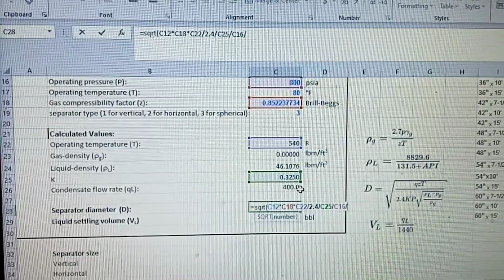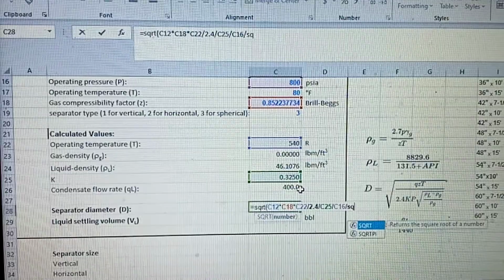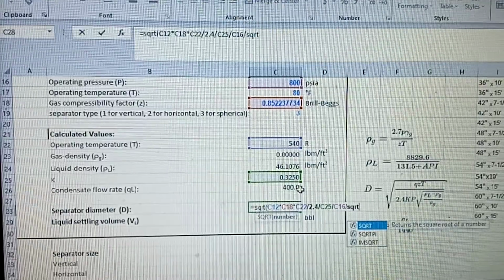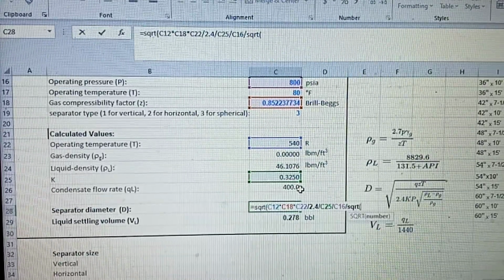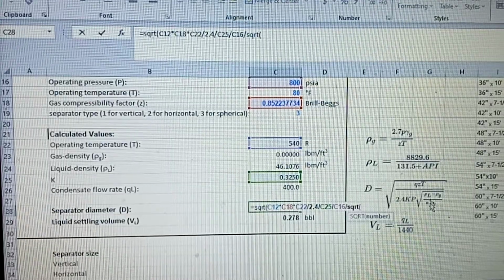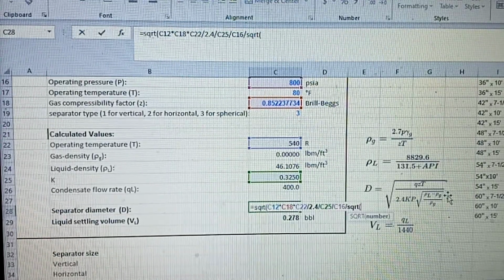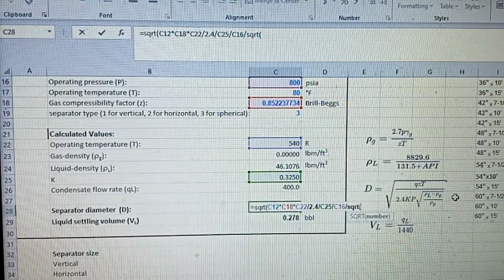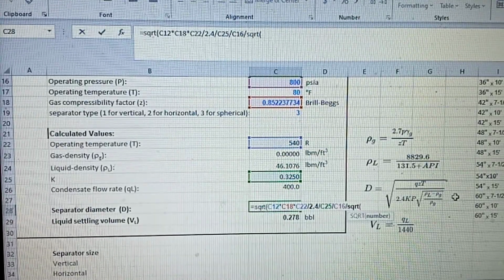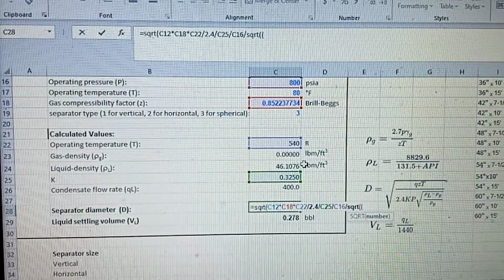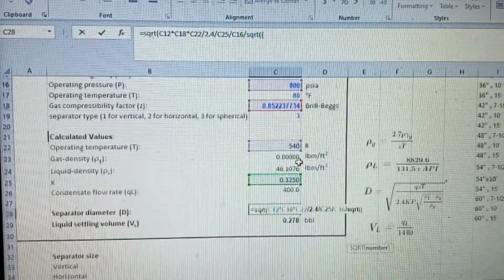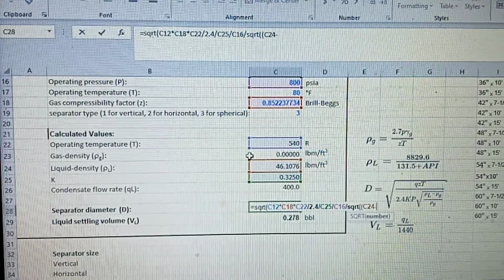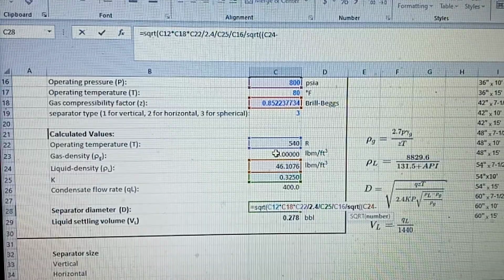Now, slash what? Square root of. So I have to put under SQRT. Don't forget, I've not closed the first bracket. So I open this one again. Now I have density of liquid minus density of gas divided by density of gas. So I have to put density of liquid minus density of gas in a bracket. So I will open another bracket. Density of liquid, which is this one, C24, minus density of gas, that's a problem here.